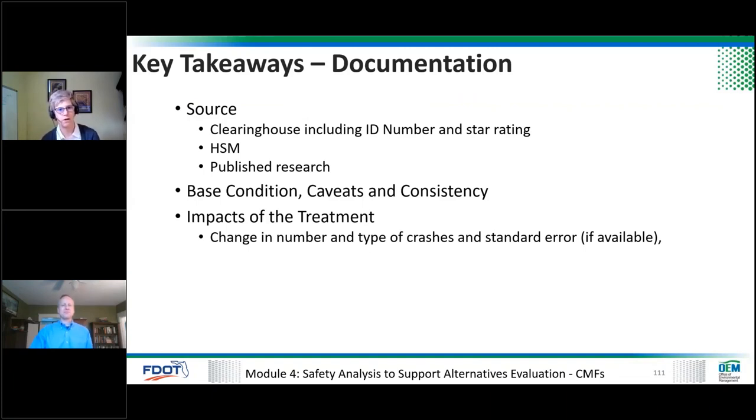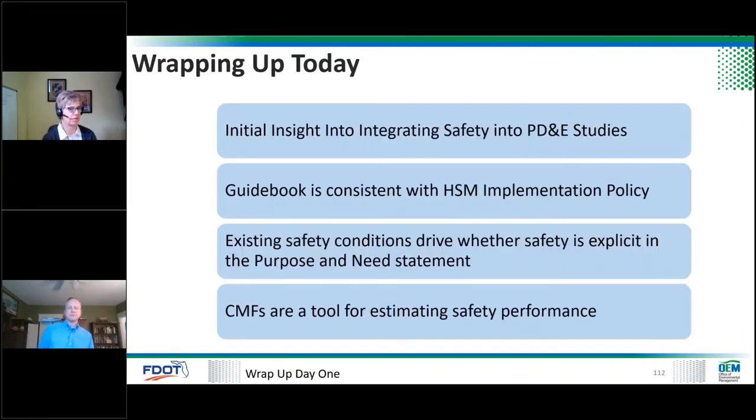Always record the base conditions, the caveats, the consistency. Again, we're trying to help someone else go, yeah, that person's judgment was good. I like that. I can agree with those assessments. And of course, you're going to document the potential impacts that can be associated with the treatment. So document, document, document. And that's it.